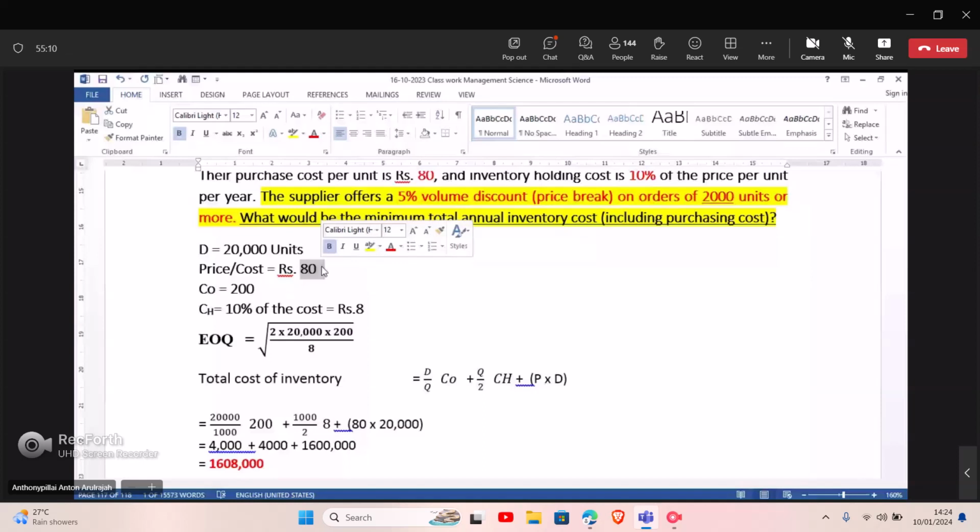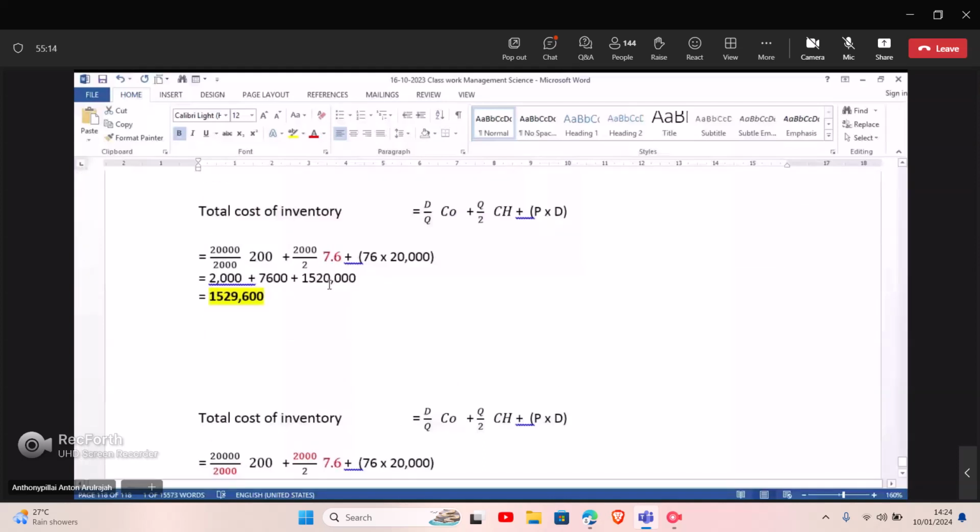In that 76, you have to calculate 10% as the holding cost. If I am making it wrong in the calculation, tell me. The ordering cost is 10 into 200, then 2,000 divided by 2 multiplied by 7.6, which is 7,600.